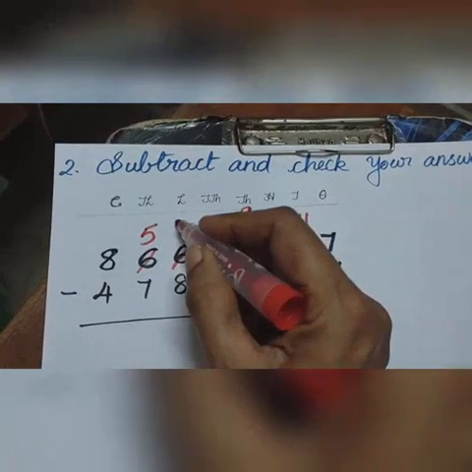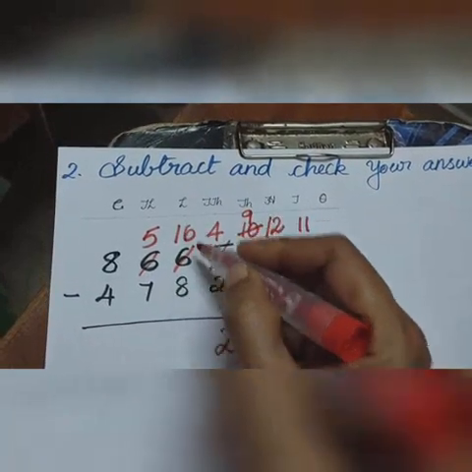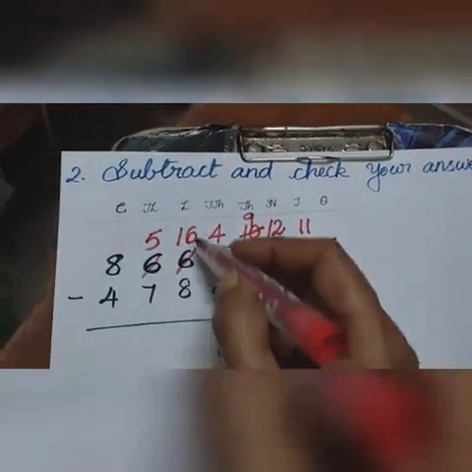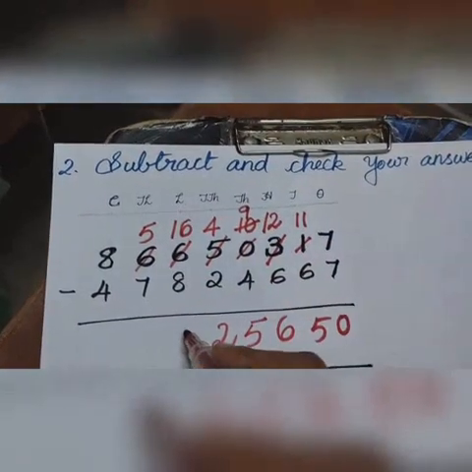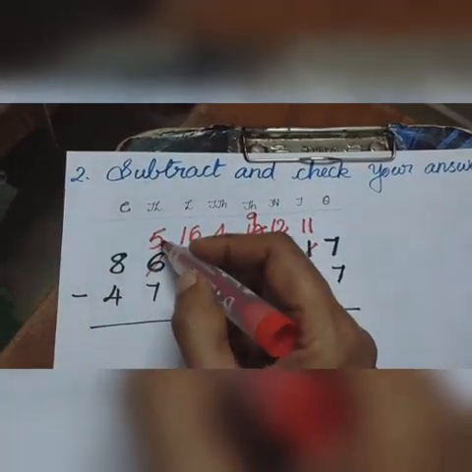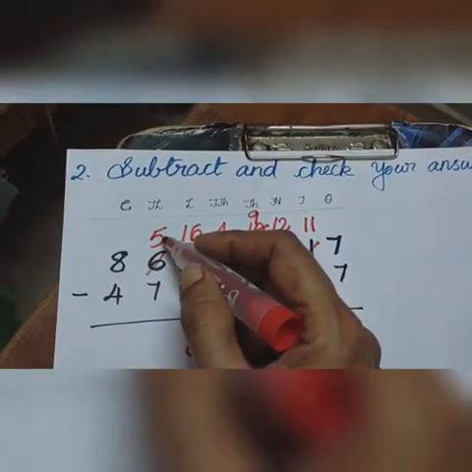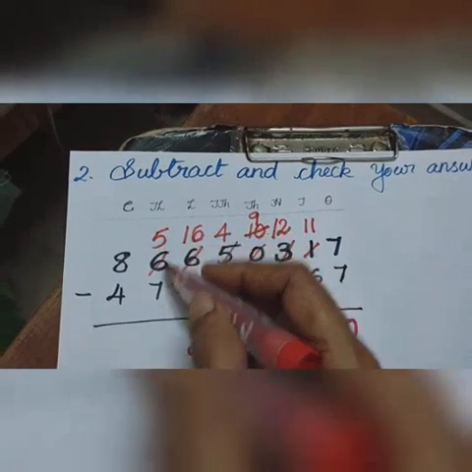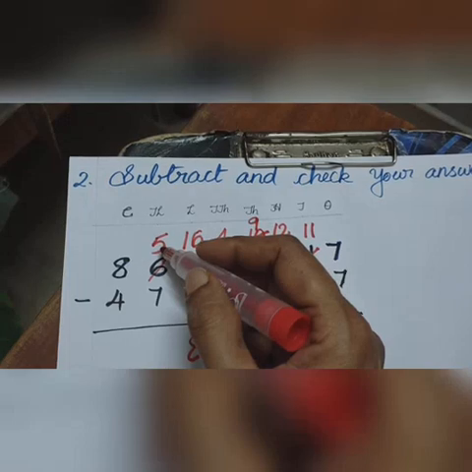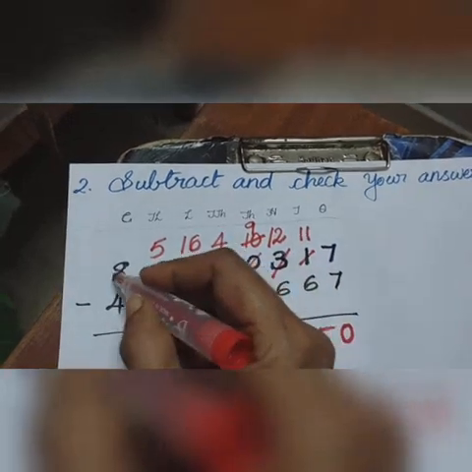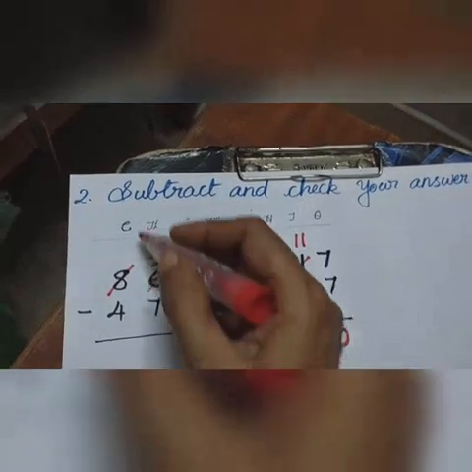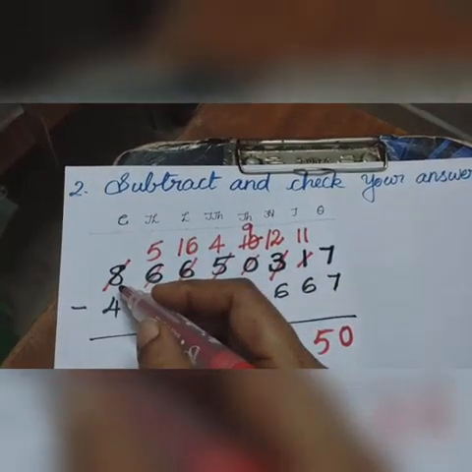So here in lakhs place it becomes, yes, 16. Okay children, 16. So what is 16 minus 8? Yes, it is 8. So next 10 lakhs place it is 5, is it not? So 5 minus 7. Smaller number is on the top, so we cannot subtract. So again we borrow from crores period, is it not children? Crores place we are going to borrow.